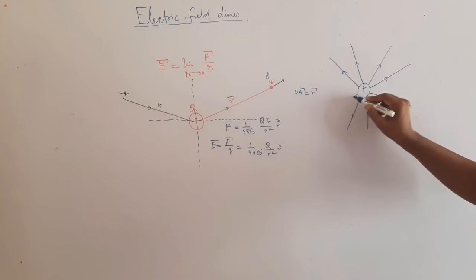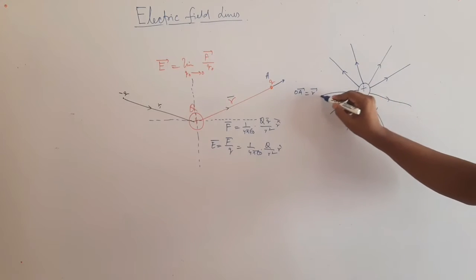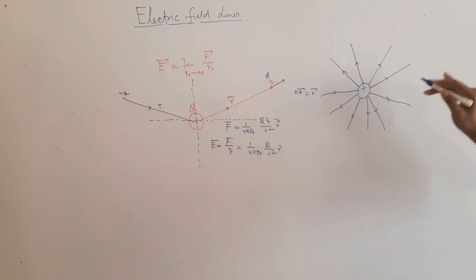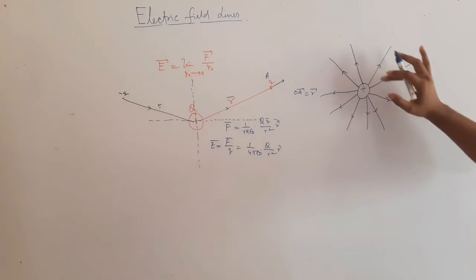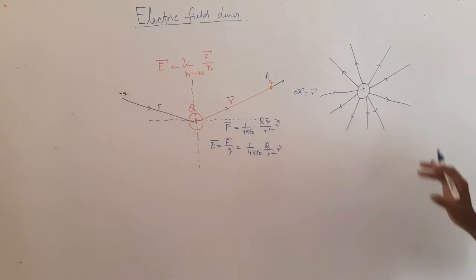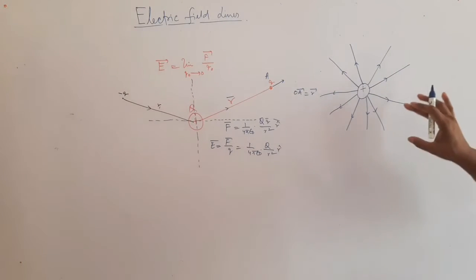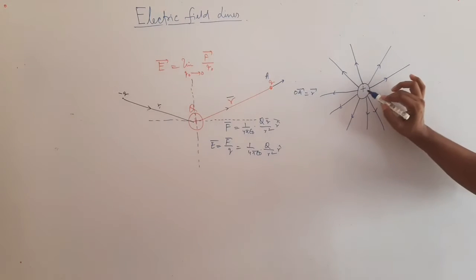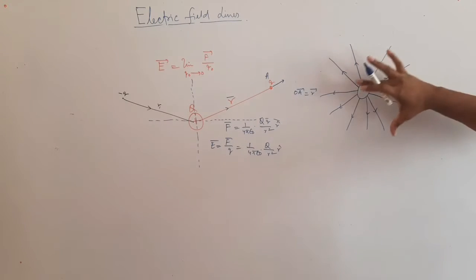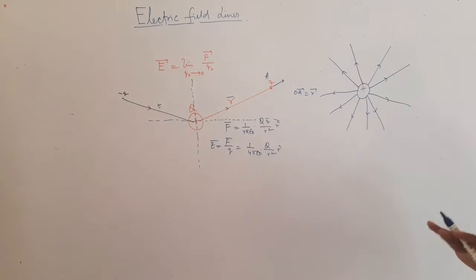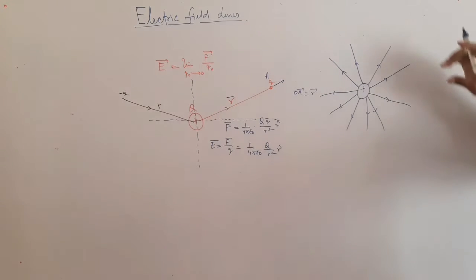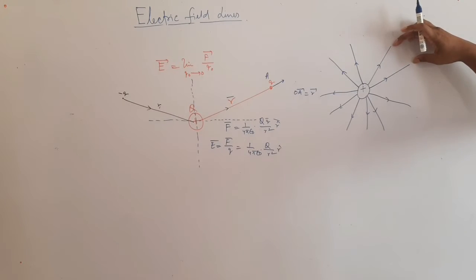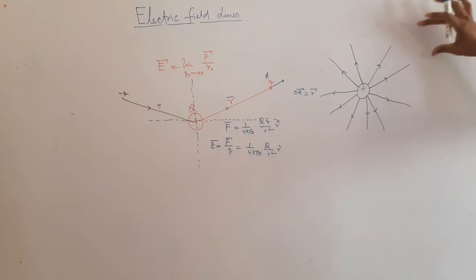If you draw a large number of these lines, they will be thickly placed around this charge, and that indicates the strength of the electric field. As you move away, the field lines are separated farther from one another, and as a result you have weaker fields.